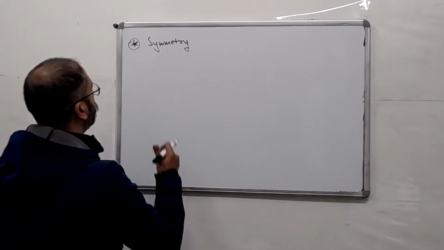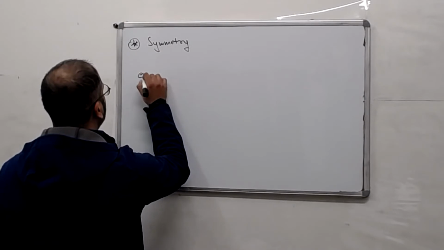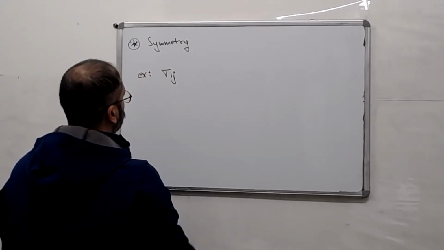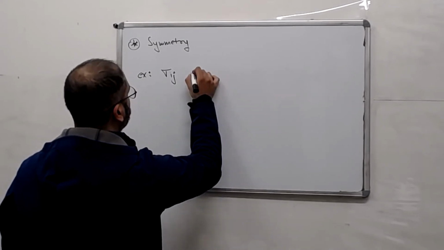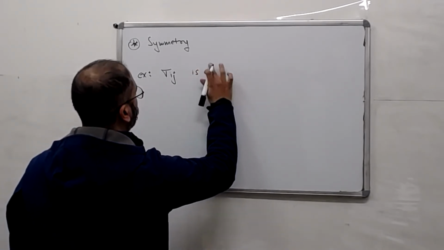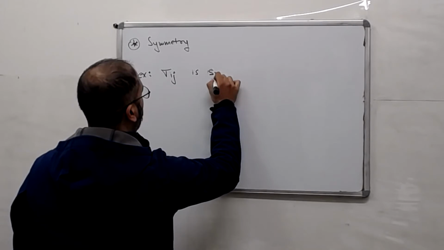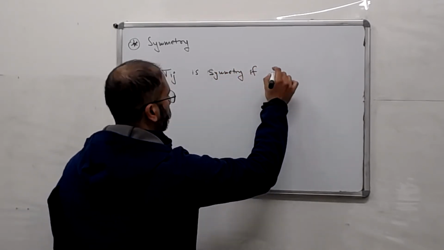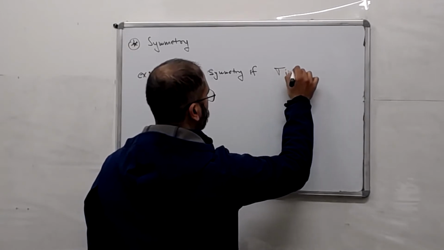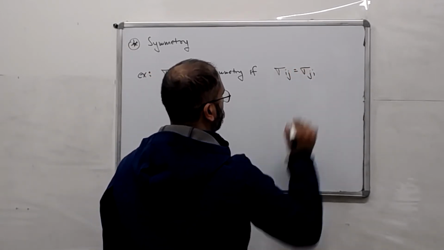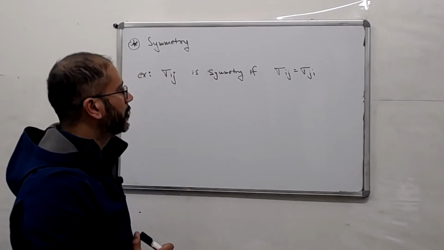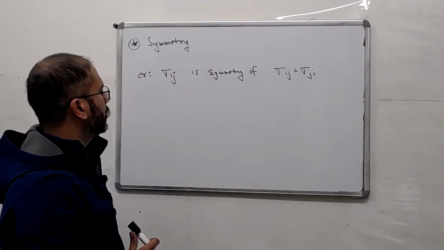So let's start with those examples. Sigma ij is symmetric if you can write sigma ij as the same as sigma ji. Put any values for i and j and you will see that this holds. So that's the condition for symmetry.